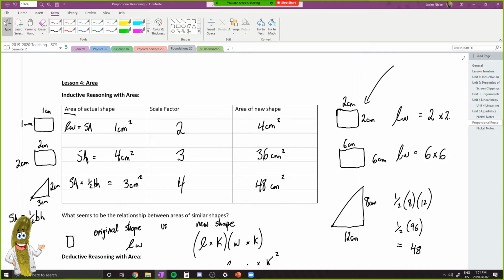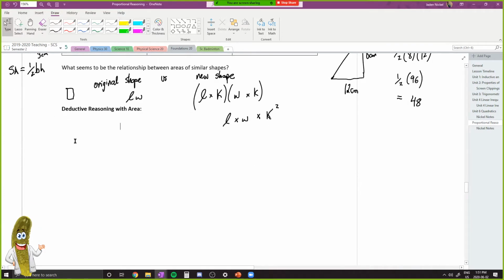In terms of the deductive proof, what we want to do is prove that these two statements are true. We said that the surface area of the original was simply length times width, and that the scale factor, whatever that is, would always be equal to k.